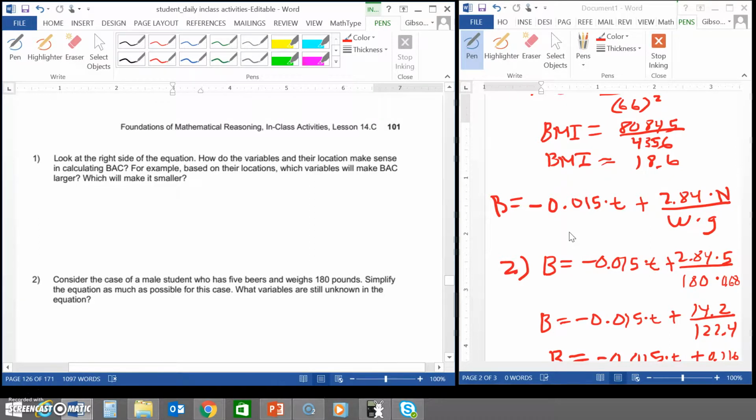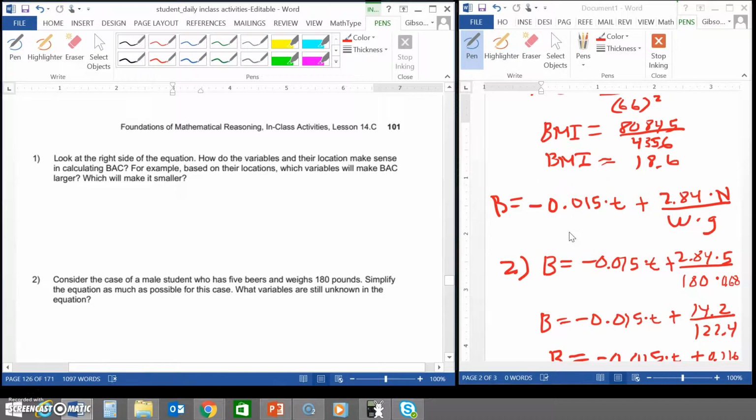In this case, I'm going to speak this out, and you can rewind as needed to write down what I'm about to say. Basically, the time is multiplied by a negative, so it will reduce the BAC as time passes.